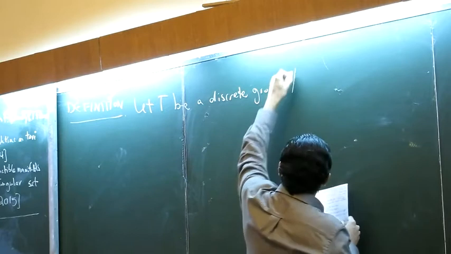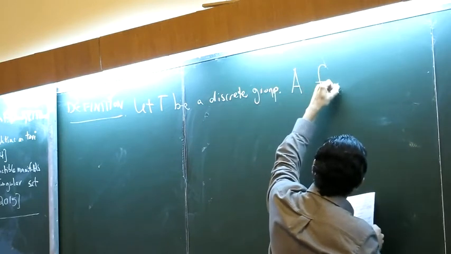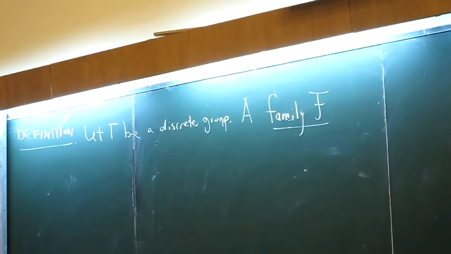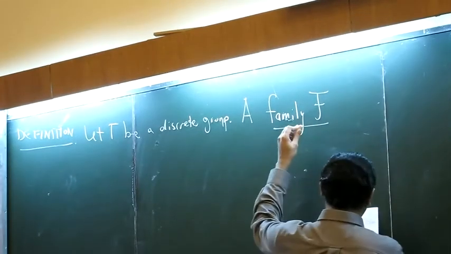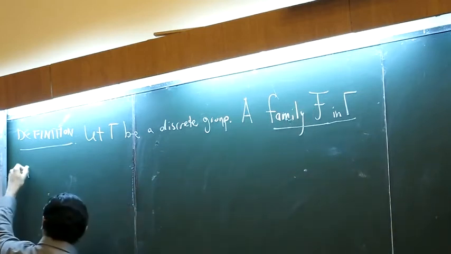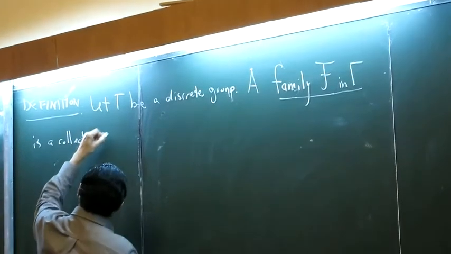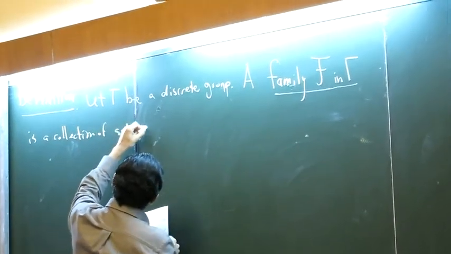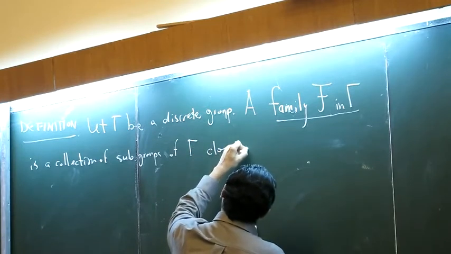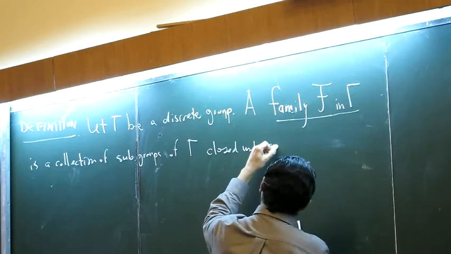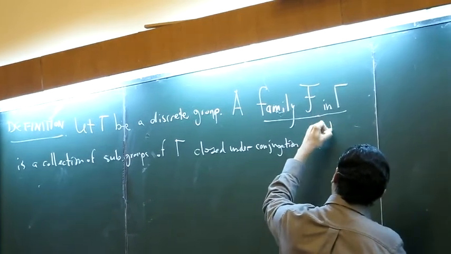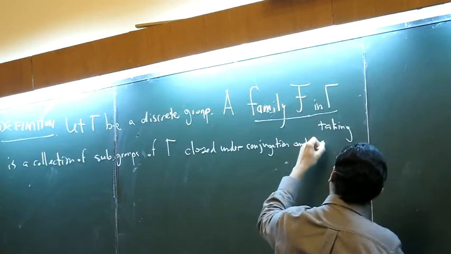And what we call a family, in Russian this is Semya, a family F in gamma is a collection of subgroups of gamma which is closed under conjugation in gamma and taking subgroups.